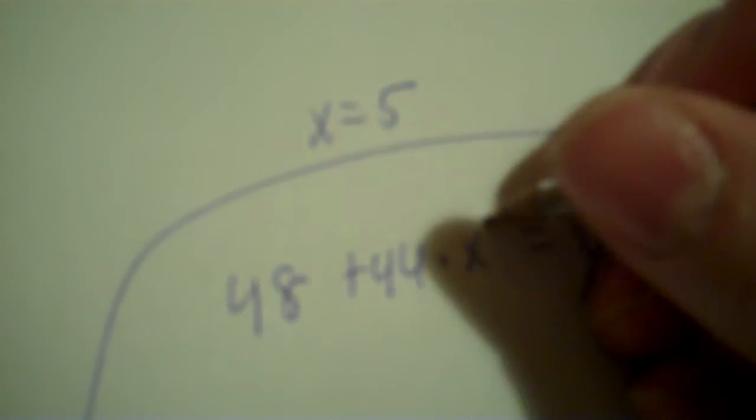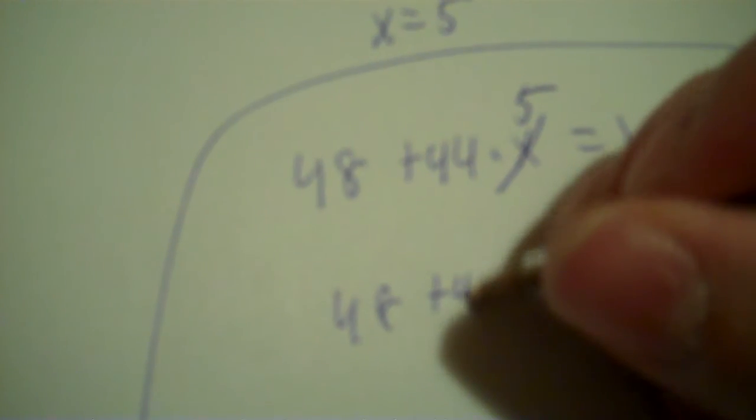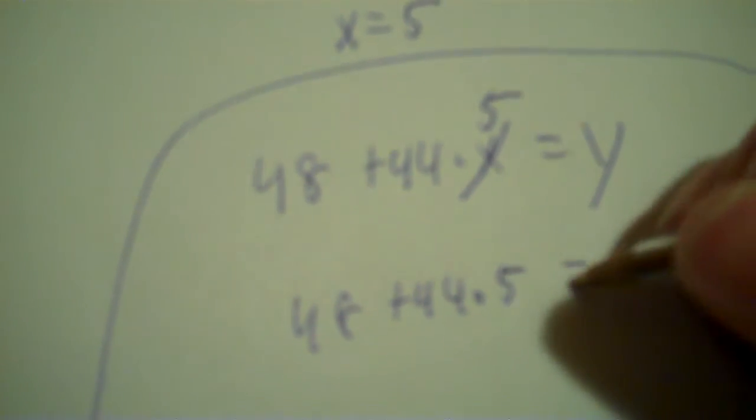Block, and you put 5 in for your months. So you got 48 to start with. Then we're adding the 44 every month. Okay, so X equals 5. So now we have the equation 48 plus 44 times 5 equals Y.